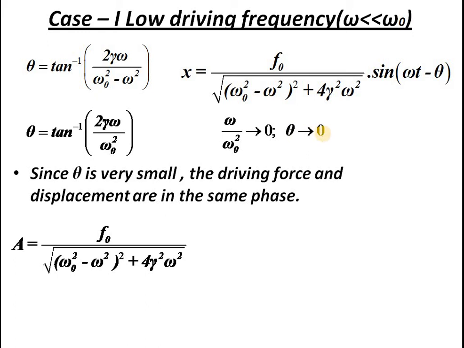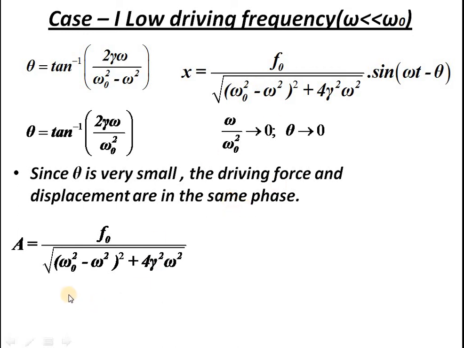That means the phase difference between the applied force and the displacement is almost 0. Virtually there is no phase difference, or you can say applied force and displacement are in phase. That is what is given here: since theta is very small, the driving force and the displacement are in the same phase. That is the physics of it.